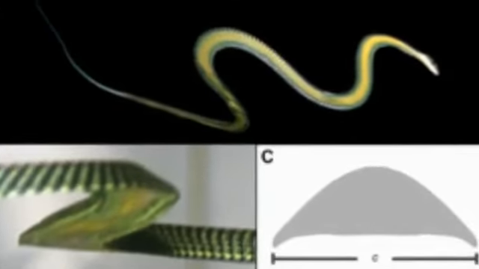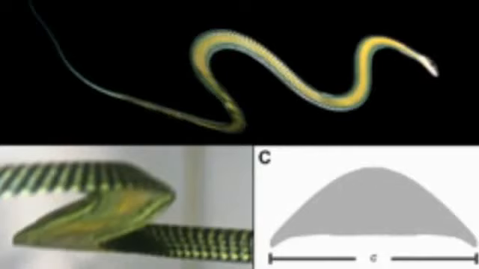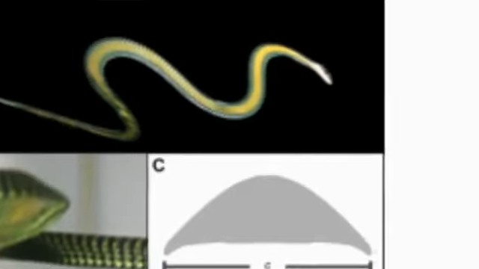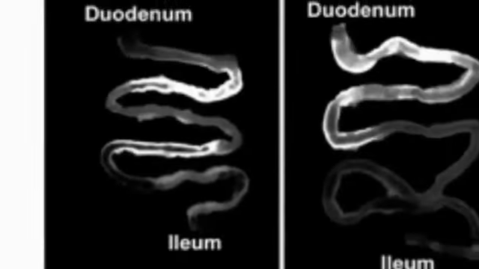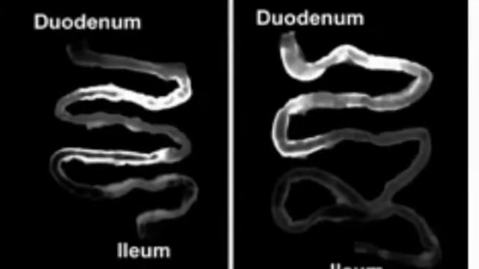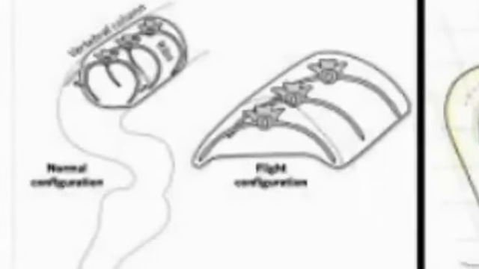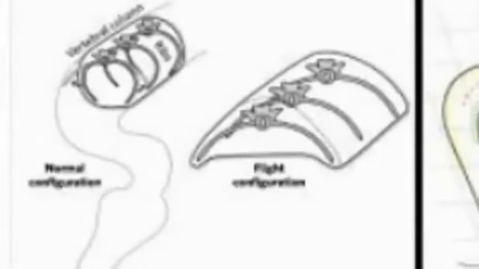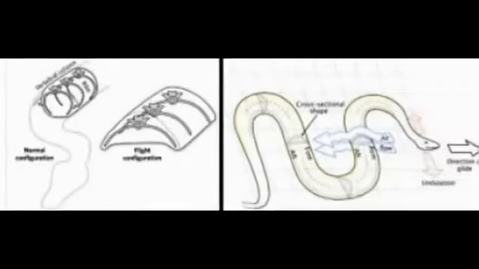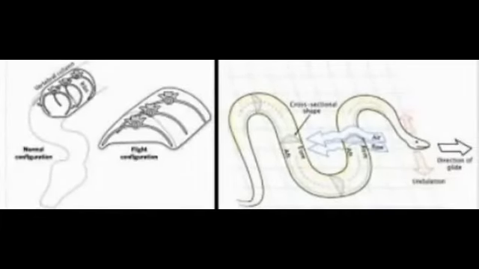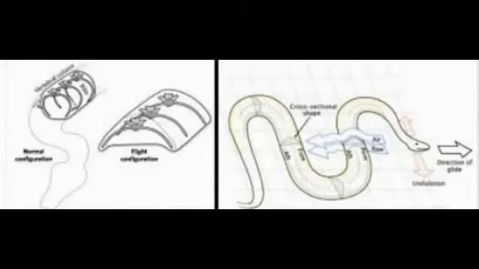The next slide is actually a representation of the shape of the snake and how the snake is able to move. There are snakes that are able to fly, and snakes that are able to swim, and how is it possible if they have the same shape, and that shape supports them to move on the solid surface, and how they change the shape to be able to swim and to be able to fly also.